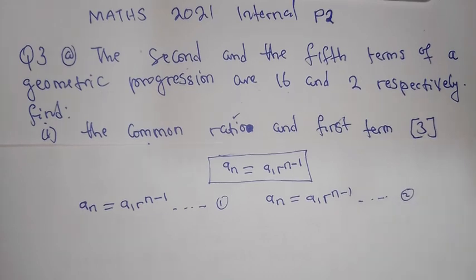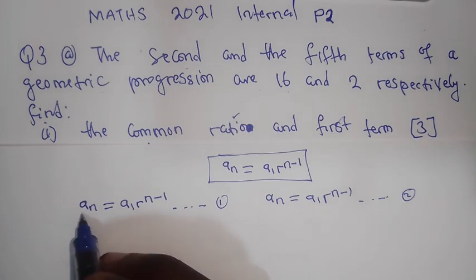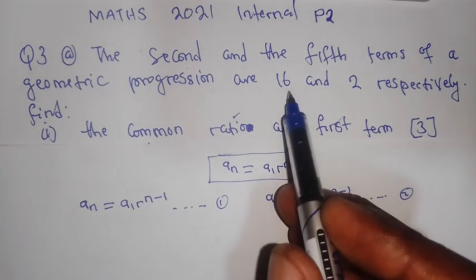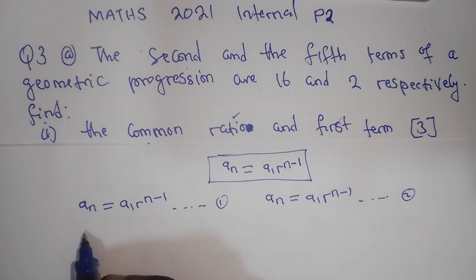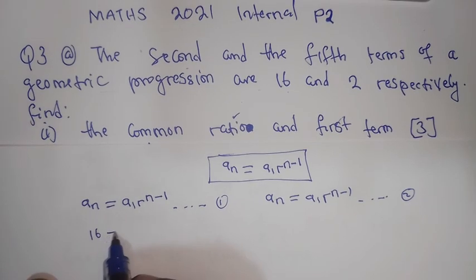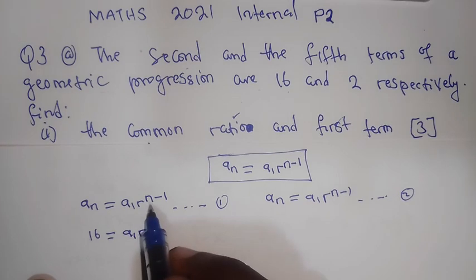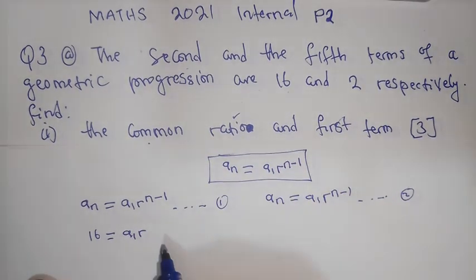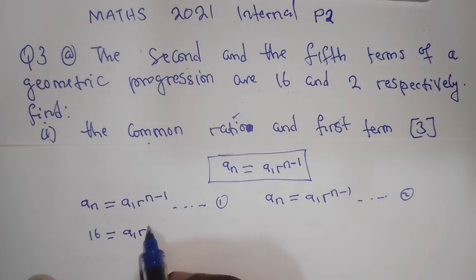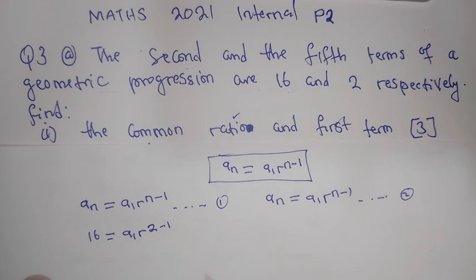So this is the second part. Now, where there is an, we're going to put 16 for the second term. So you're going to say 16 is equal to a1 times r, then n is the second term, so your n is 2 minus 1.